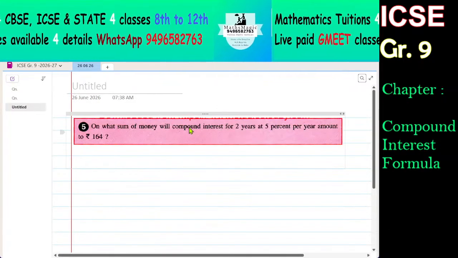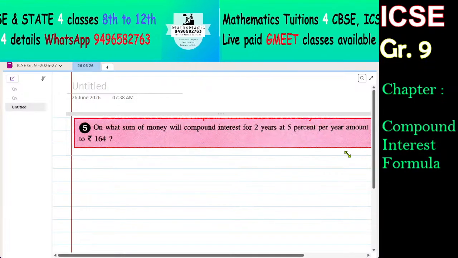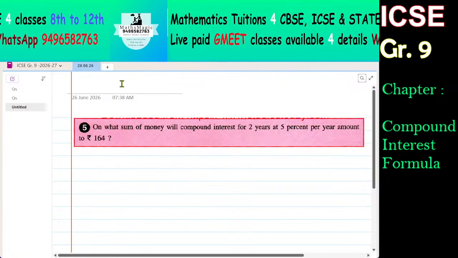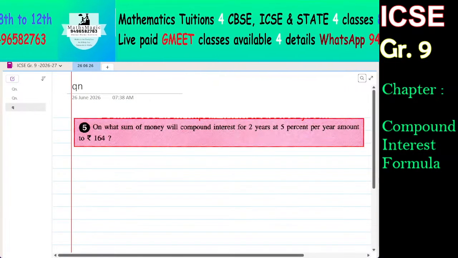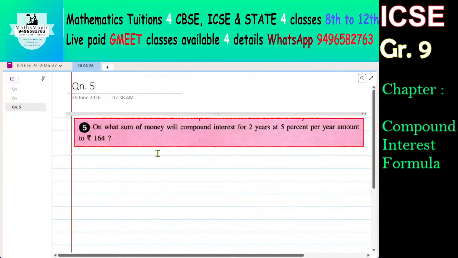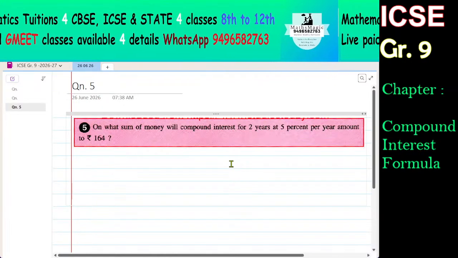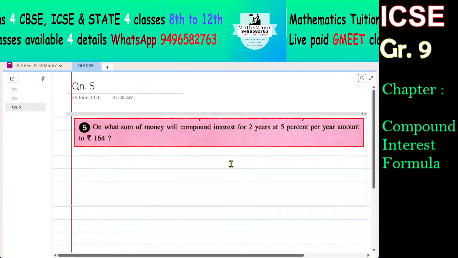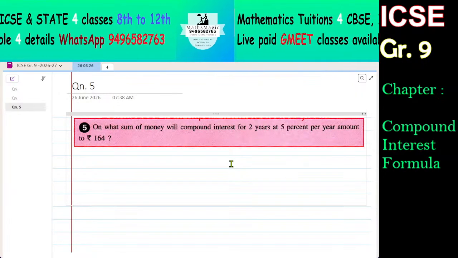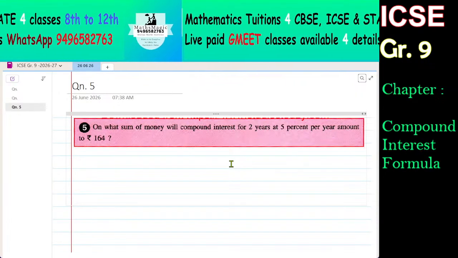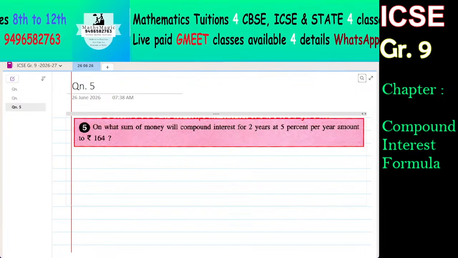Now try to solve this one, question number 5. On what sum of money will compound interest for 2 years at 5% per annum amount to 164?